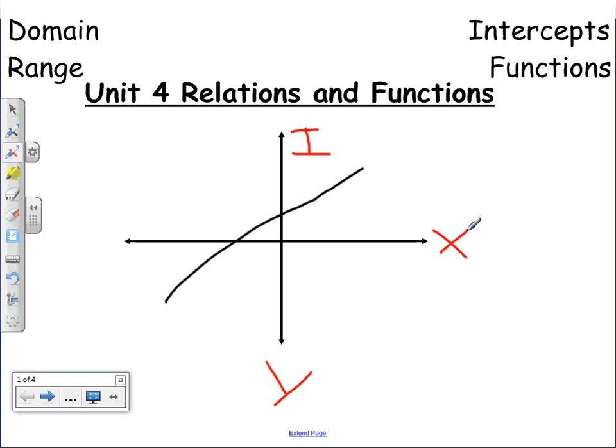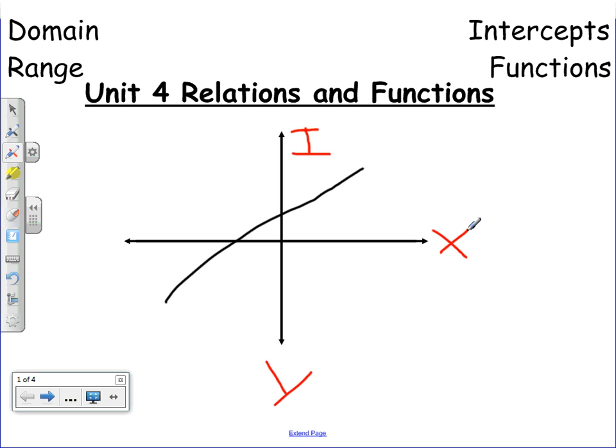But a relation can have two values for each x. If we did a big loop and it kind of curved on itself, one value of x could have multiple values of y. So think about it in this room. If we labeled height and age, like we've talked about, is every person here who's 14 going to have a different height?